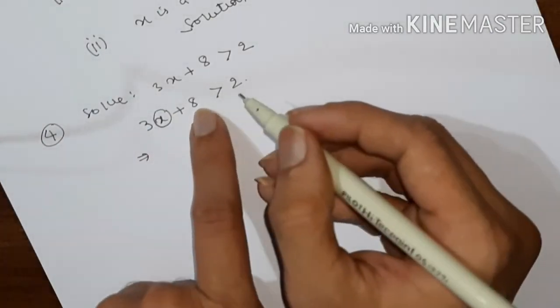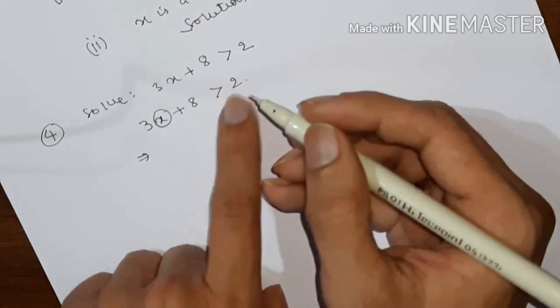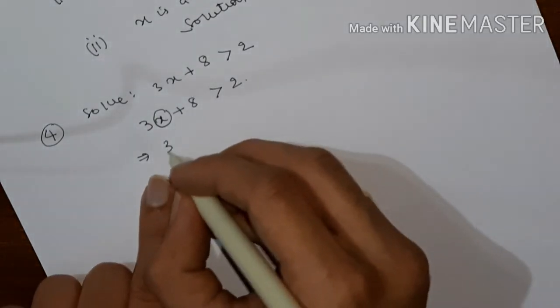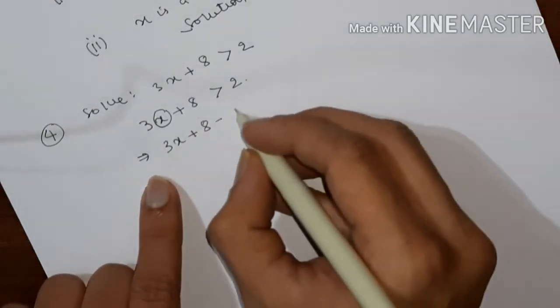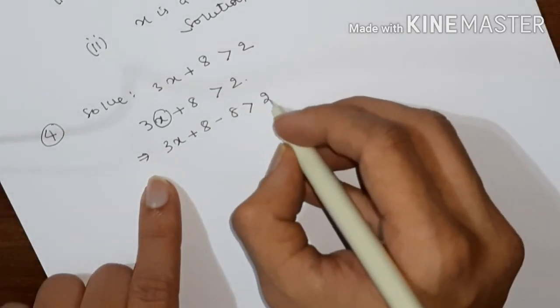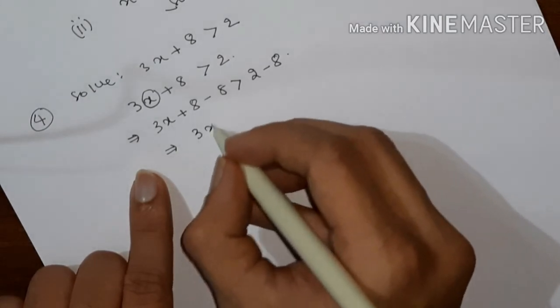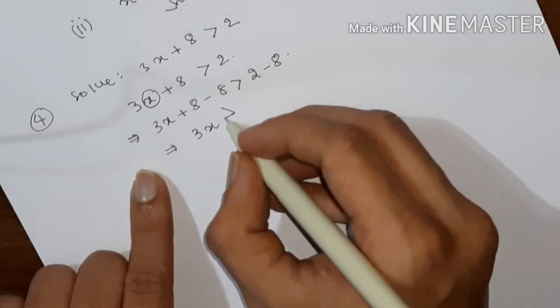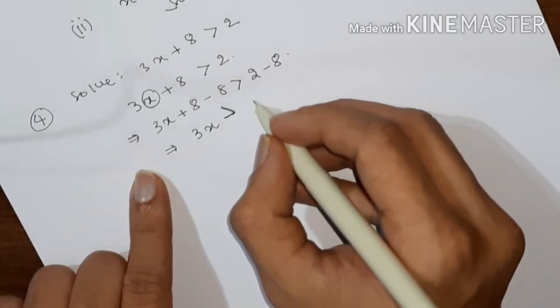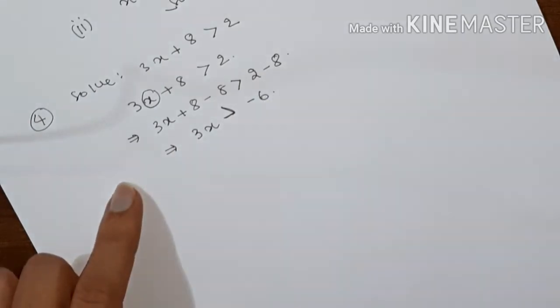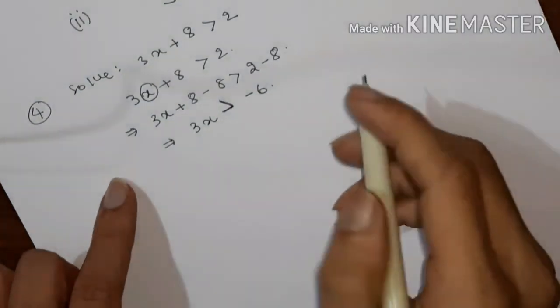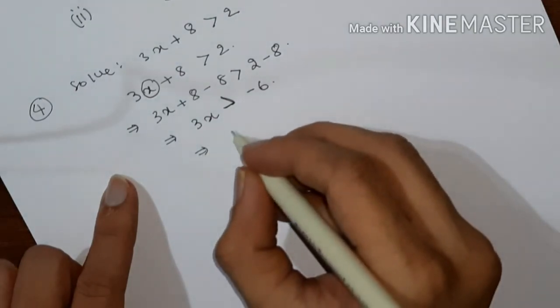So what we can first do is subtract 8 on both sides. So 3x plus 8 minus 8 greater than 2 minus 8. So that is 3x greater than minus 6.